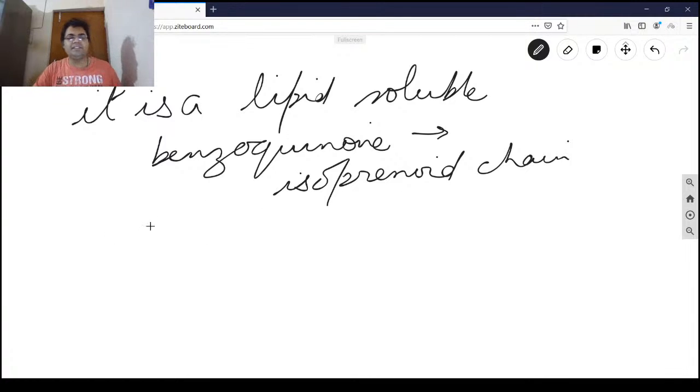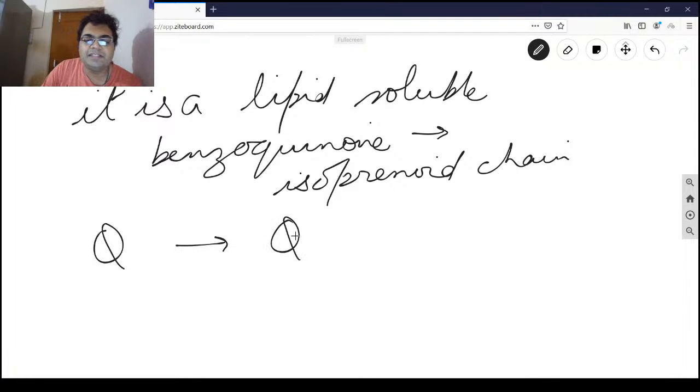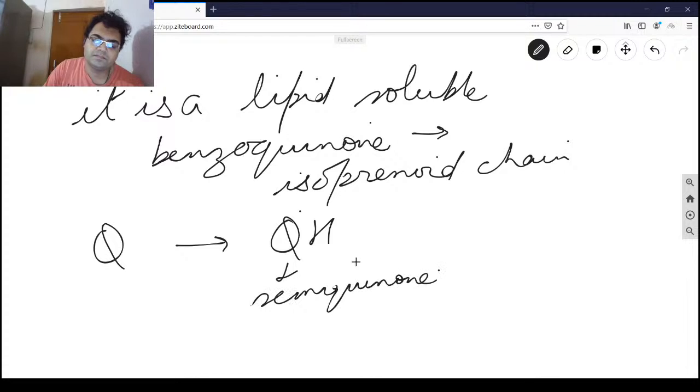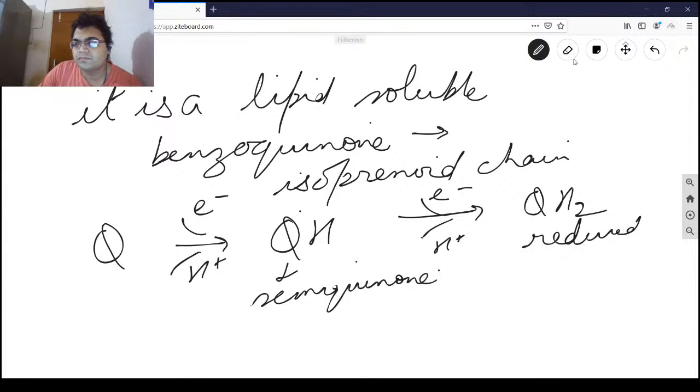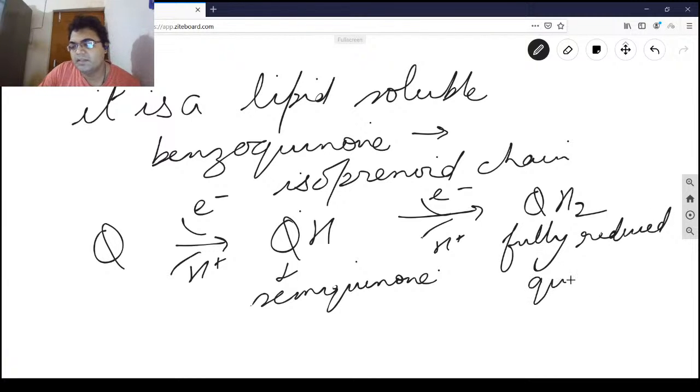After it takes one electron, it becomes a semiquinone radical. With one electron and one H plus it becomes the semiquinone radical, then with another H plus and another electron, it becomes the completely reduced form. You can call it fully reduced ubiquinol. And this is your ubiquinone, with the ketone group.